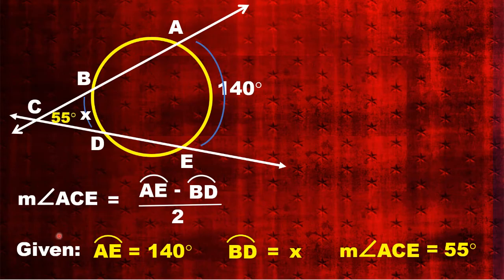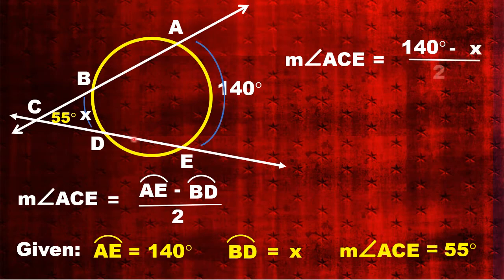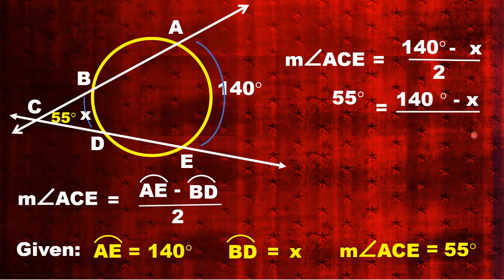Now again, using the same formula and substituting the values, measure of angle ACE is equal to AE, which is 140 degrees, minus BD, which is X, divided by 2. But again, the measure of angle ACE is 55 degrees, equals this one, 140 minus X all over 2.